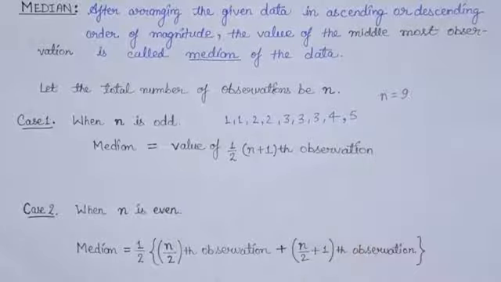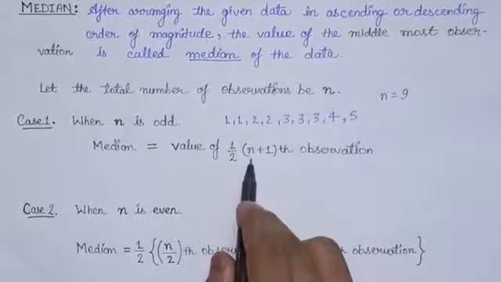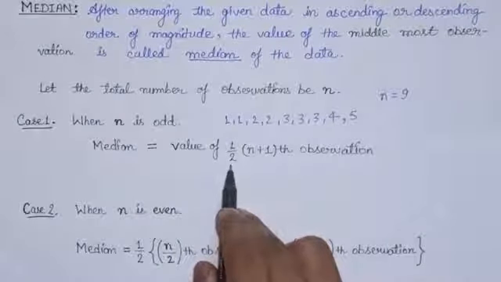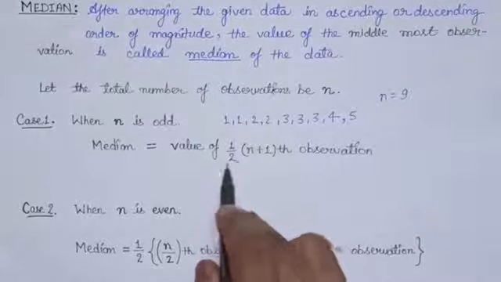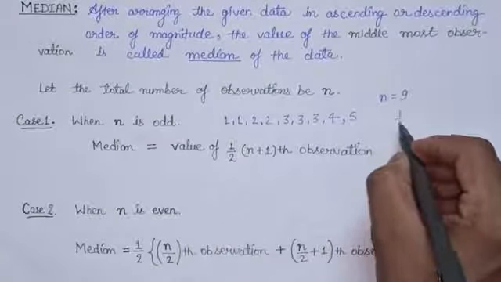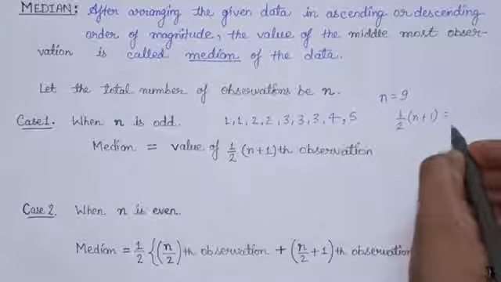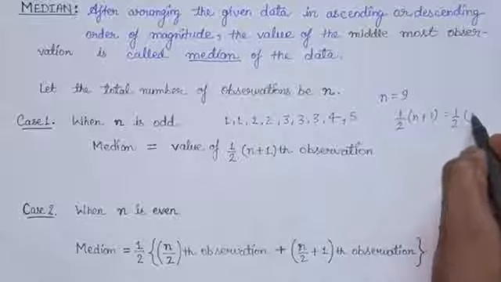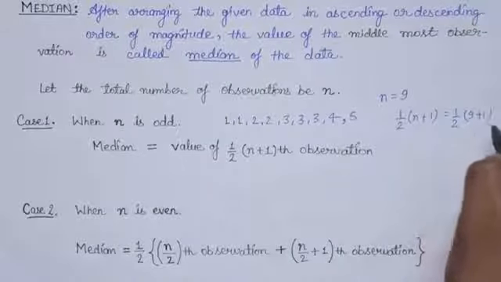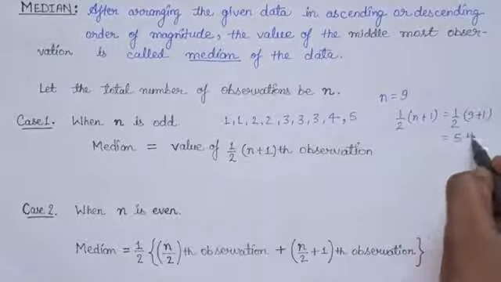That is odd. So if the number of observations is odd, then the median is equal to the value of the (n plus 1) by 2th observation. Here n is 9, so (9 plus 1) by 2 is 10 by 2, that is the 5th observation.